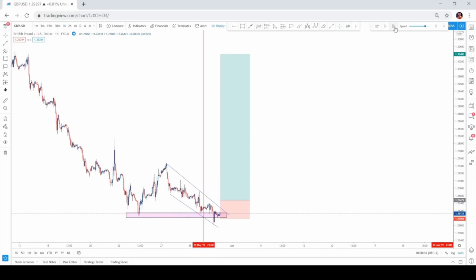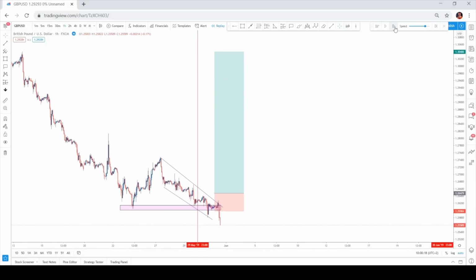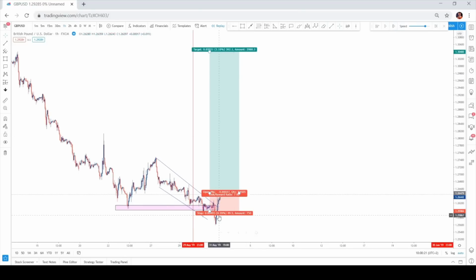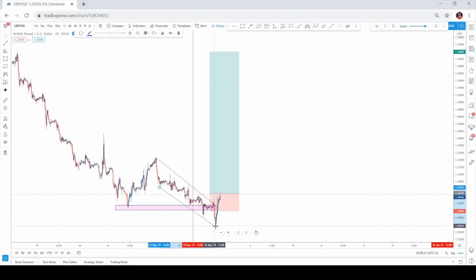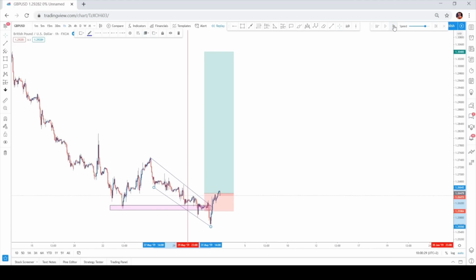Right, let's play it further. As we play it further, now we can see that the price has literally respected this, but it actually trapped people on the wrong side of the market. And then as we played further, now we are triggered in.